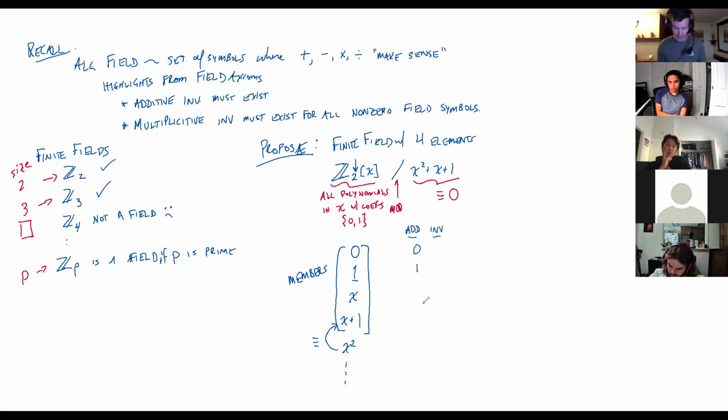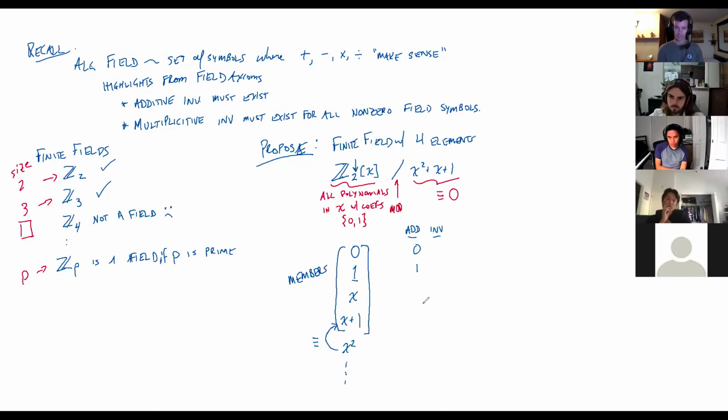What would I add to x to get to 0? Have I abstracted away from everyone now? Is it x? It is. If I add x to x, then I get 2x.